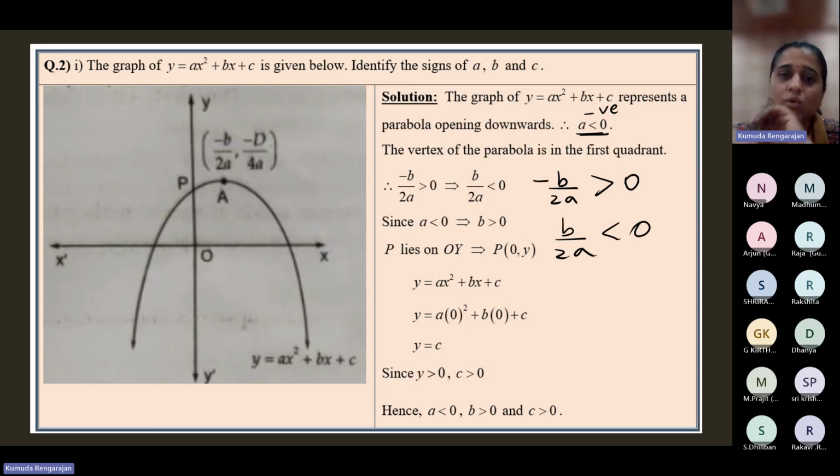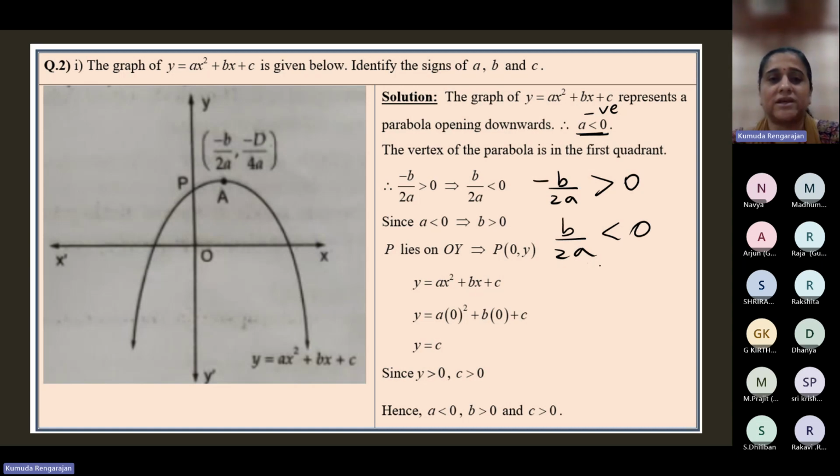So this can be negative only when B and A have opposite signs. Because if B and A have the same signs, both plus or both minus, the final result is positive. So the value of B by 2A should be negative. 2 cannot decide that because 2 is a constant; only B and A can decide that.